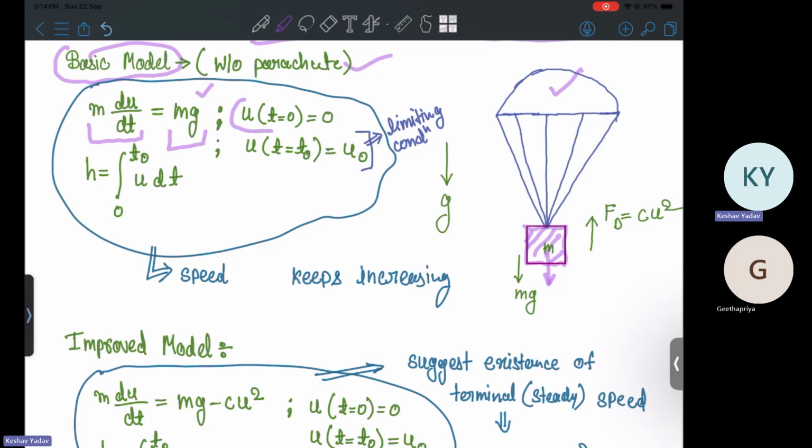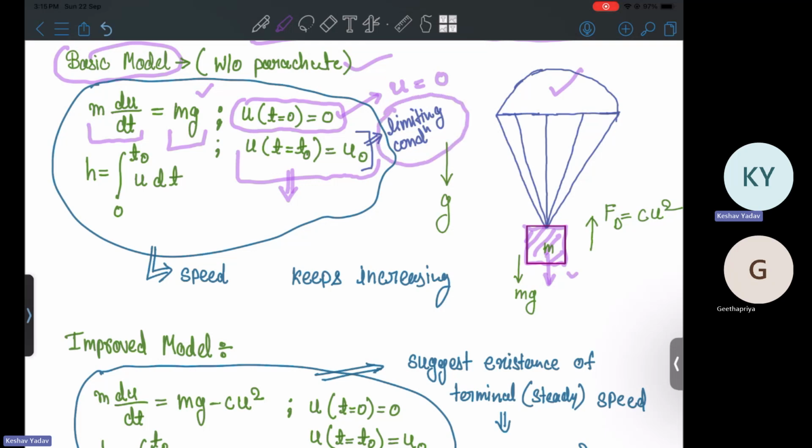And we know the initial condition that the mass has been dropped, so at t equal to 0, our velocity is 0. We wish to find the velocity when it hits the ground, because there can be limitations on the velocity.